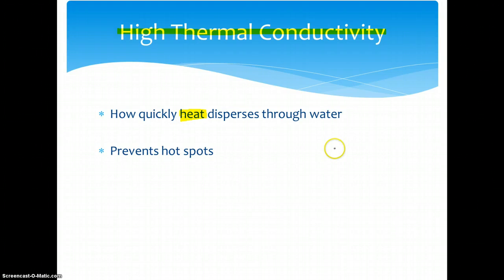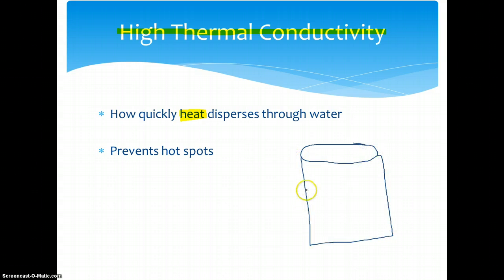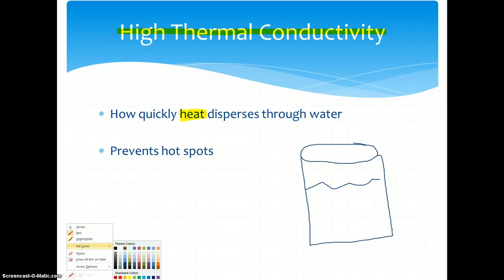So what this means is that if we have a cup of water, for example, let's just draw a cup with water. Now, let's say we take a matchstick and we place it right in here.